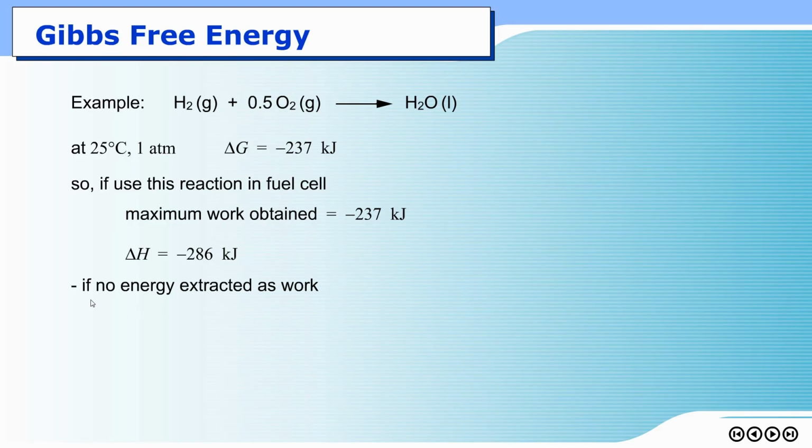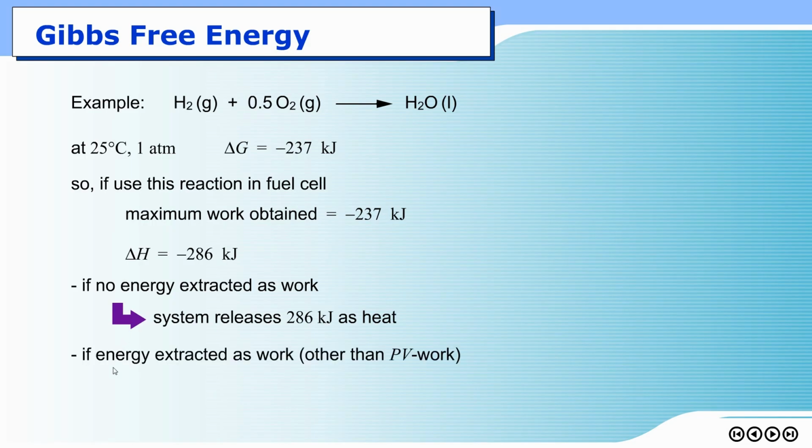In this case, if you leave the reaction without extracting work, so let's say you have a fuel cell but you don't connect the wire to your load, there's no electron transfer out of the fuel cell. In that case, the system would release 286 kilojoule as heat. Why did I say that? Because under constant pressure, the heat released is equal to delta H, right?